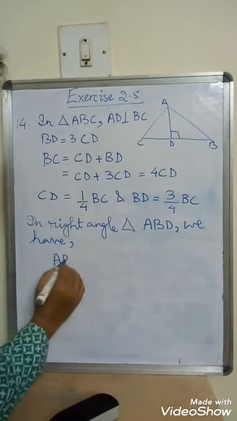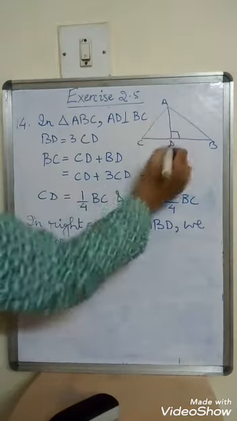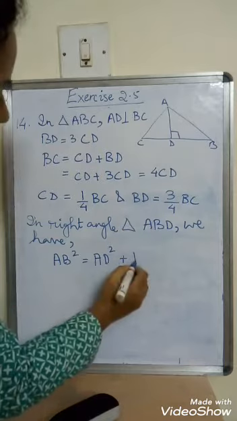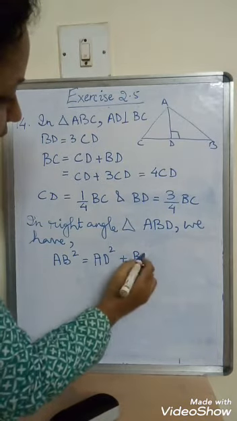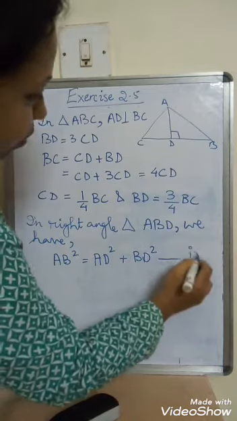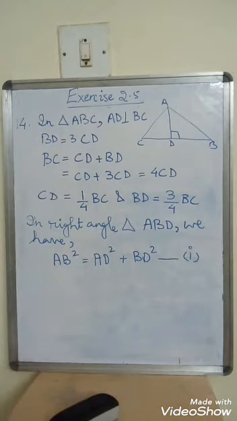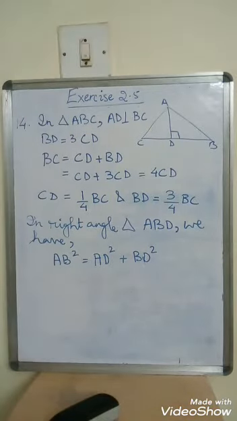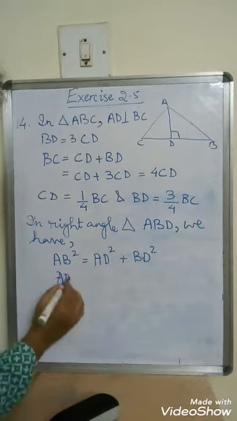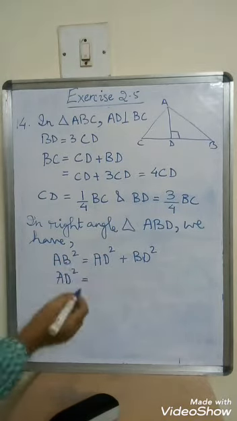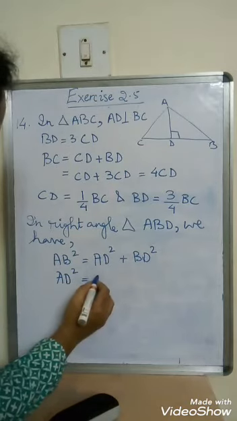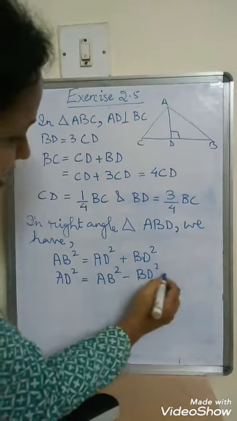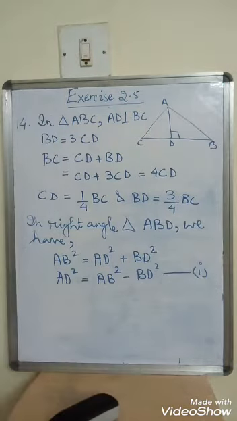AB square is equal to AD square, perpendicular square, plus BD square, this is the base, right? BD square. Here we have to find AD square. AD square will be AB square minus BD square. This is equation 1 for us, right?